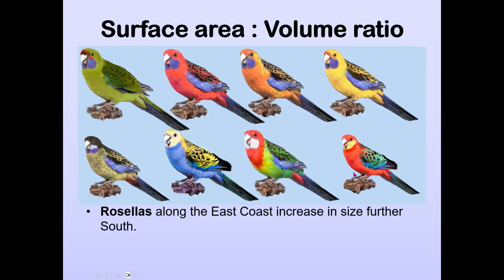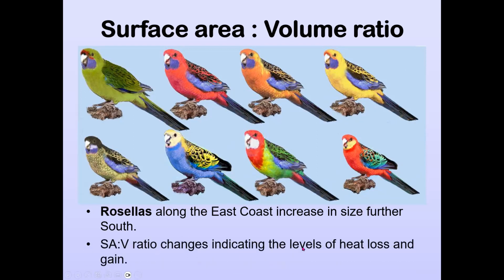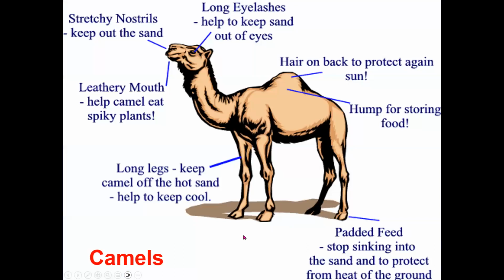And of course, we're talking about surface area to volume ratio. The hotter it is, the smaller they are. So it's all about heat loss and heat gain. Now, camels have all sorts of adaptations, amazing. Their nostrils they close up, have a quick breath, close up again to keep the sand out.